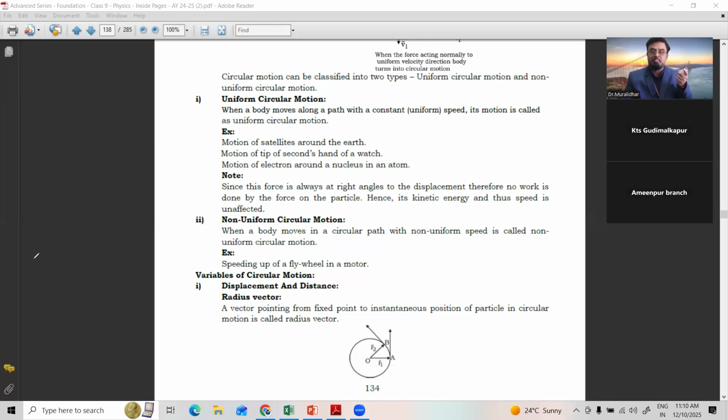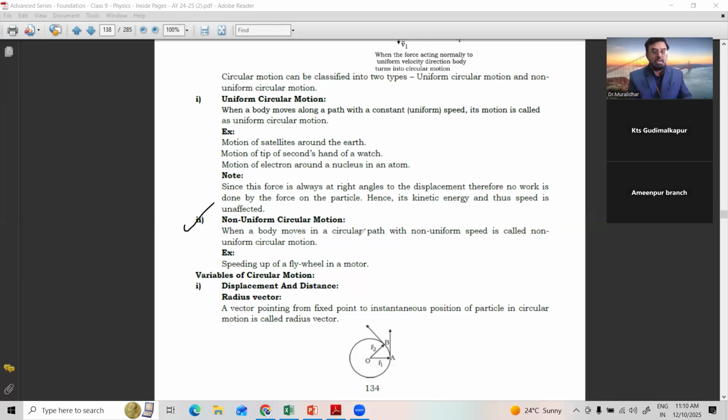That is called uniform. It moves uniformly and gives us time. Why is it moving uniformly? Because no work is done. It is not moving from the particular point, because it's moving perpendicular. The force and the displacement are at a right angle. Then the second category, non-uniform circular motion.